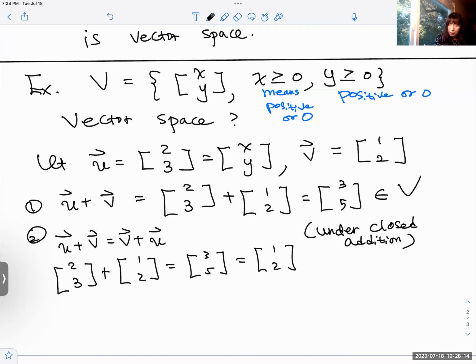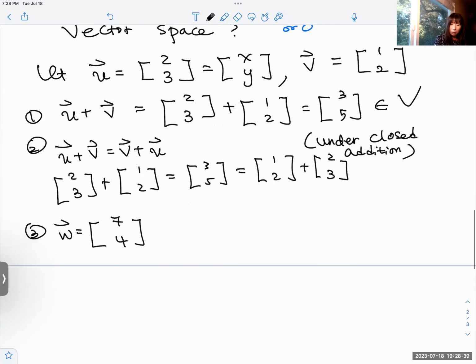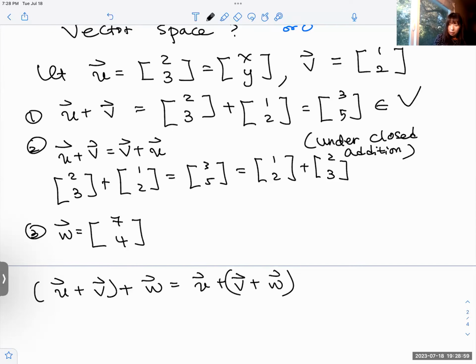Okay, third one, associative. We have to pick w, so pick any positive numbers: 7, 4, how about that? So associative: u plus v, plus w equals u plus, v plus w.